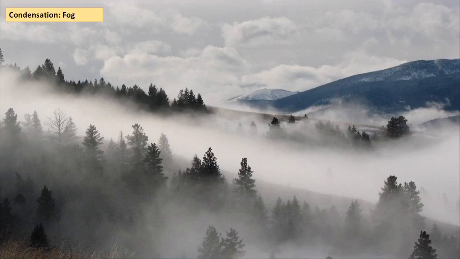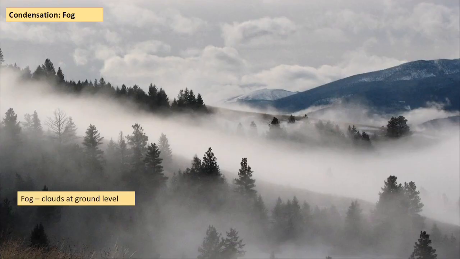Last thing to really note is we get fog, which is clouds basically formed at a lower level. This is important because this is where we get condensation happening low down, and because of that, the water that's actually formed in that condensation period is being spread and deposited onto the land and any vegetation, as we can see here.